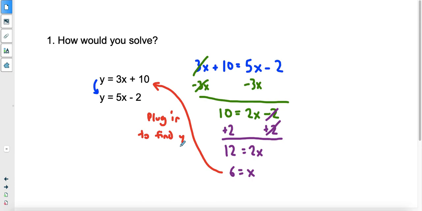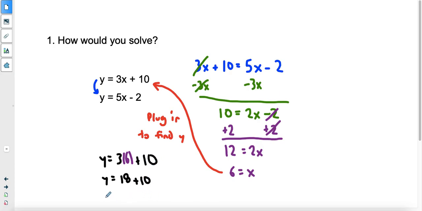All right, let's do that. Again, I know y is equal to 3x plus 10. I'm going to plug in x is equal to 6 to see what that gives me. Now, 3 times 6, that's 18, plus 10.